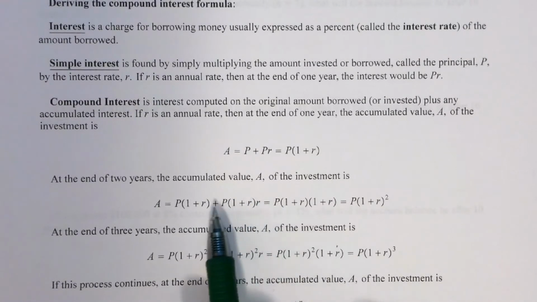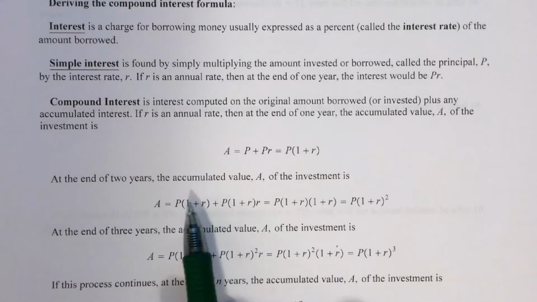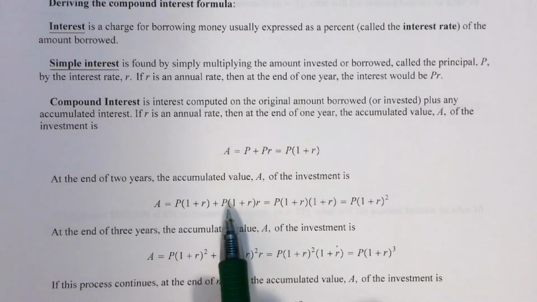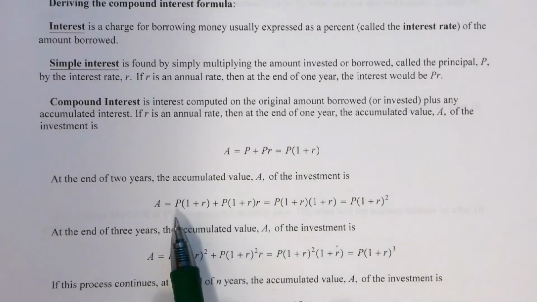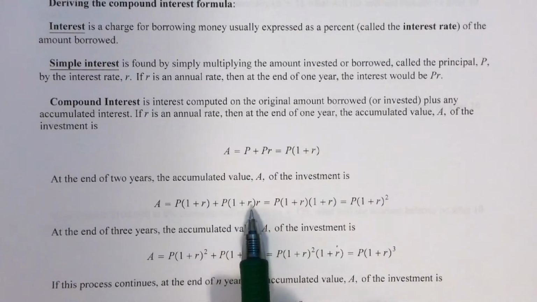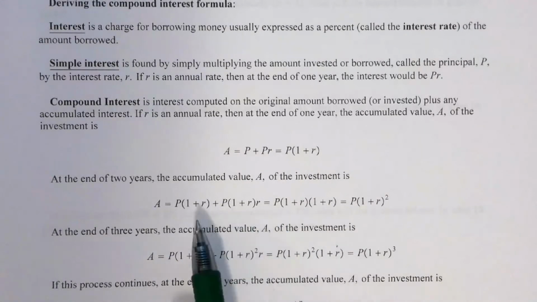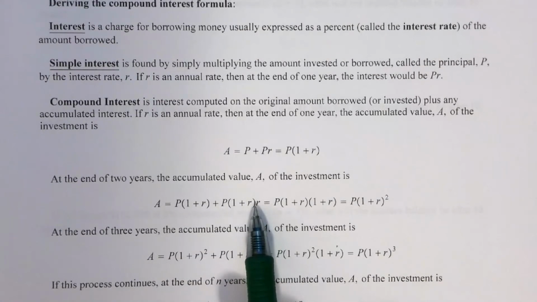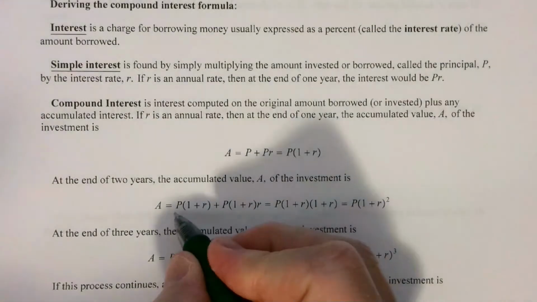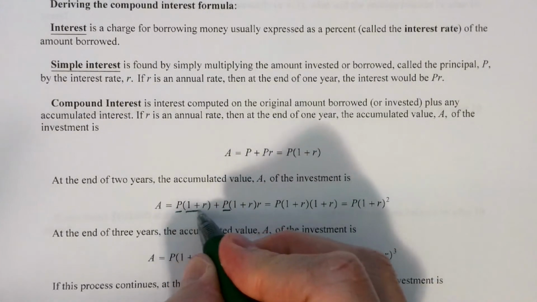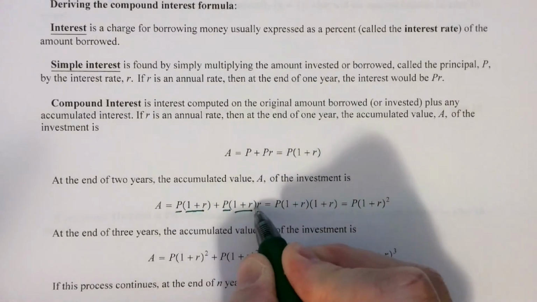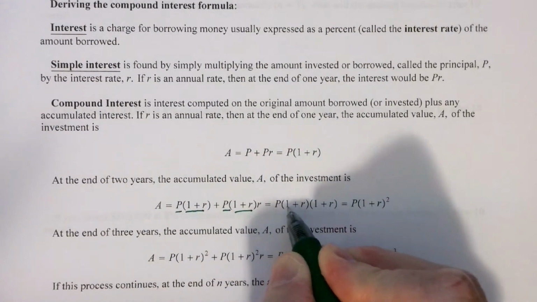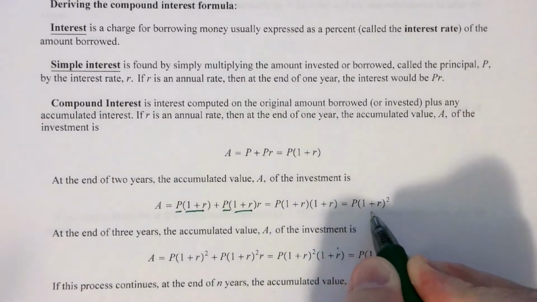So we take the amount that you have at the beginning of the second year, and at the end we add in this interest. There's a P and a 1 plus R factor that I can pull out from both, and I'm left with 1 here and R there. So it's P times 1 plus R times 1 plus R, which is P times 1 plus R squared.